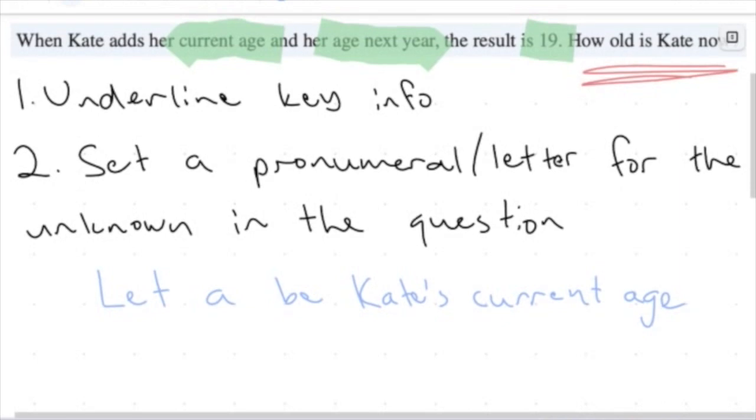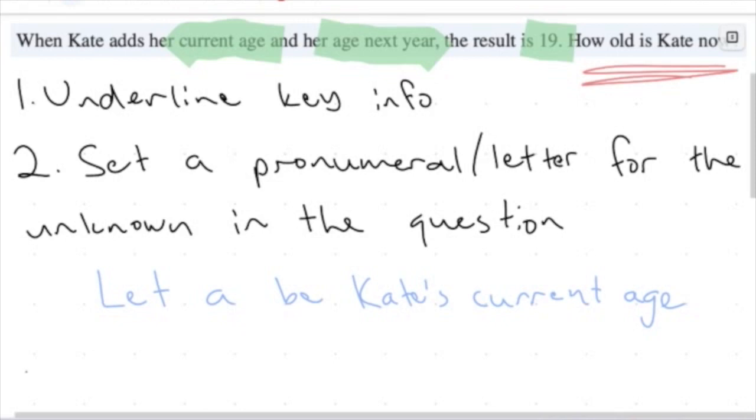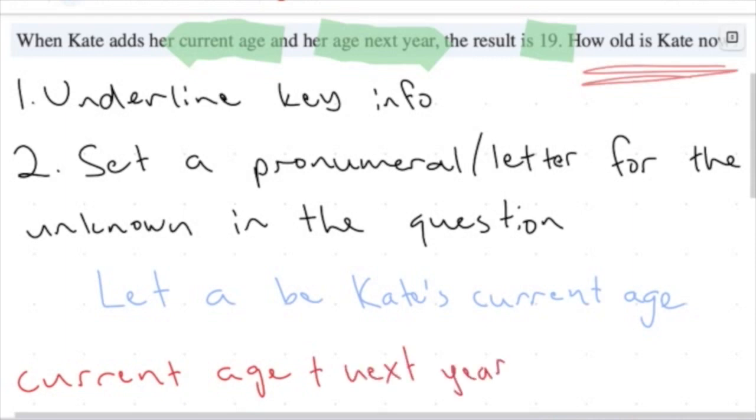Now, I'm told that she adds her current age and her age next year, and the result is 19. So let me write that in words quickly. That means her current age plus her next year age, and we say the result is 19, so I'm going to put equals 19.